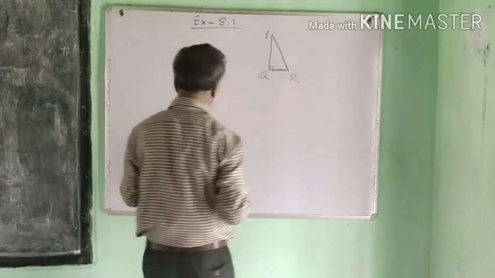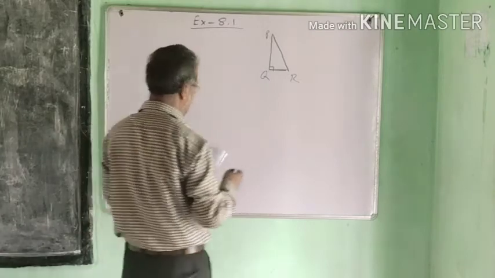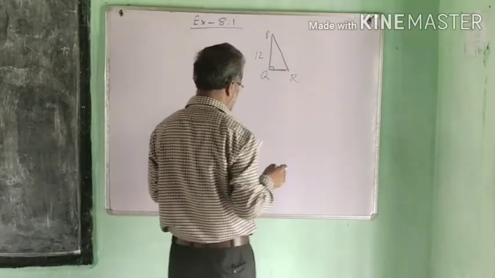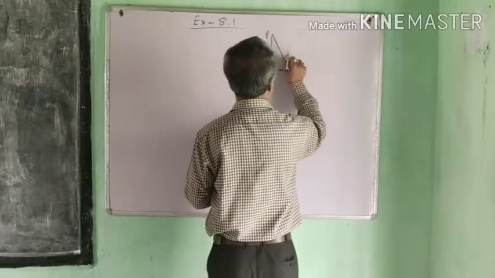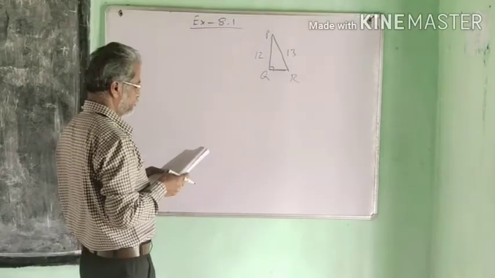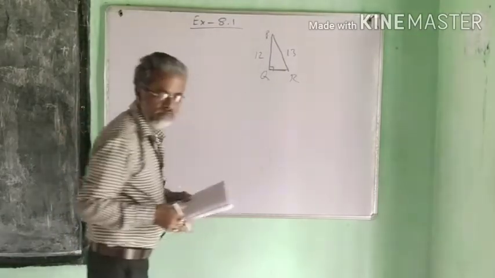Q is the right angle and you are given PQ is equal to 12 centimeter and PR is equal to 13 centimeter. QR is not given.